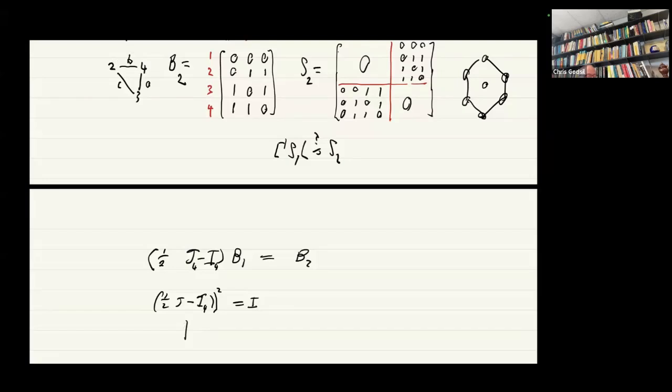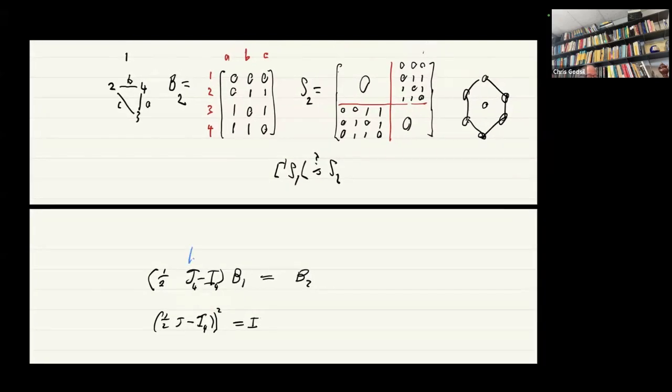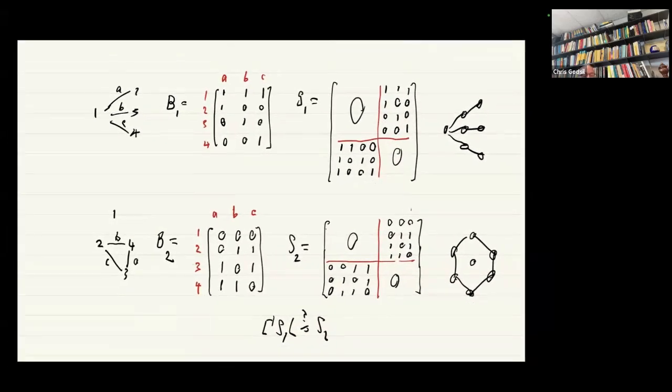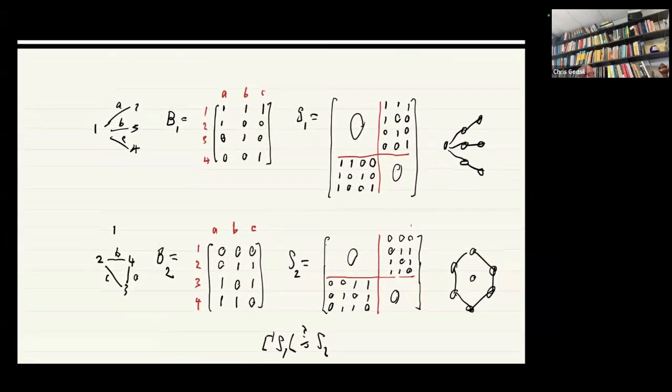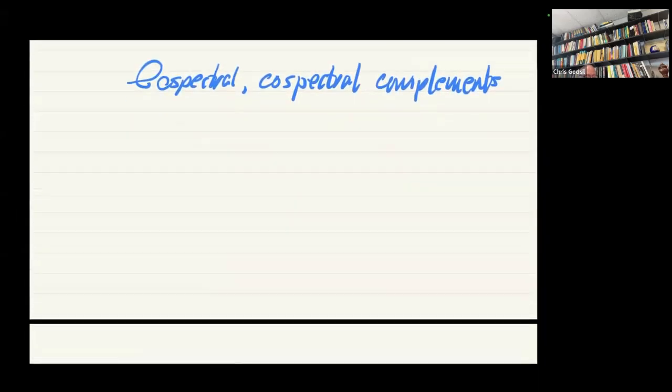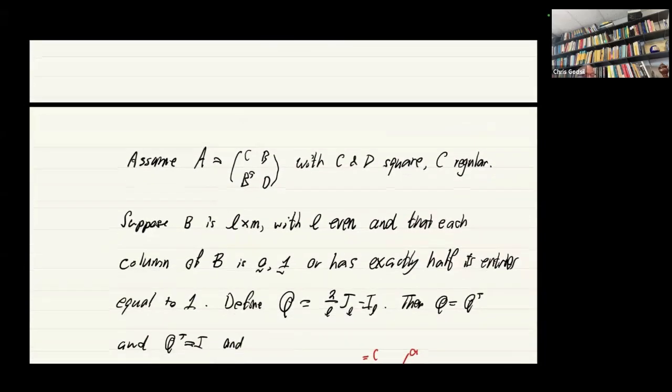Okay. So that tells me in particular that the square of this matrix, half J4 minus I4, is equal to the identity. So this is orthogonal. And you can check very quickly that it maps the columns of this to the columns of this. And so this leads to a construction.